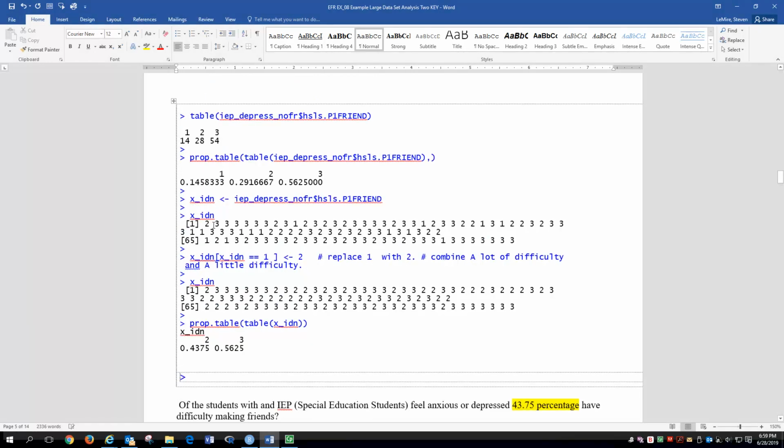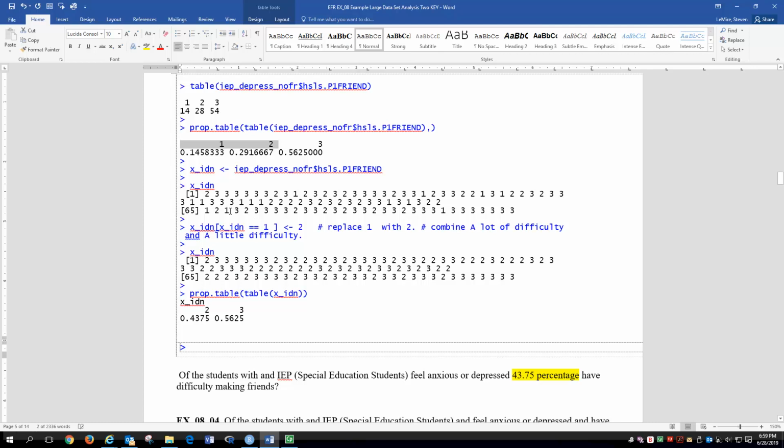Right? So this tells us what we have, and what I'd like to do now is combine the 1s and 2s. First I ask for a table, and then I ask for the probability, but I'd have to combine these two to look at the probability for 3. And so here it is.